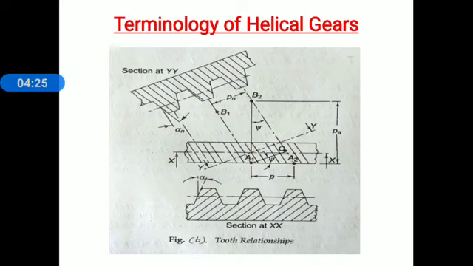See the first point, the lines A1B1 and A2B2 are the center lines of adjacent teeth taken on a pitch plane. Next parameter in this sketch, the angle A1B2A2 is the helix angle, denoted by the letter psi.